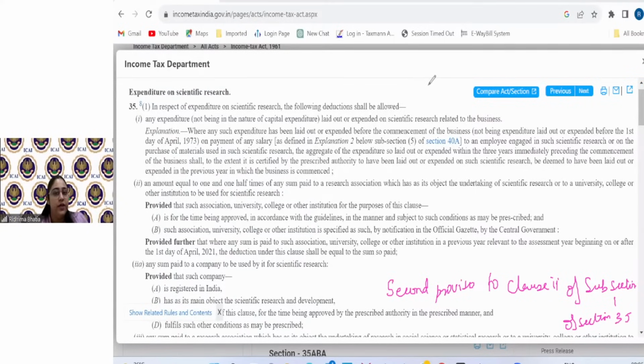You will go to section 35. Yes. You will go to subsection 1, correct? You will go to clause 2 and you will go to second proviso. So this is what we are referring to.